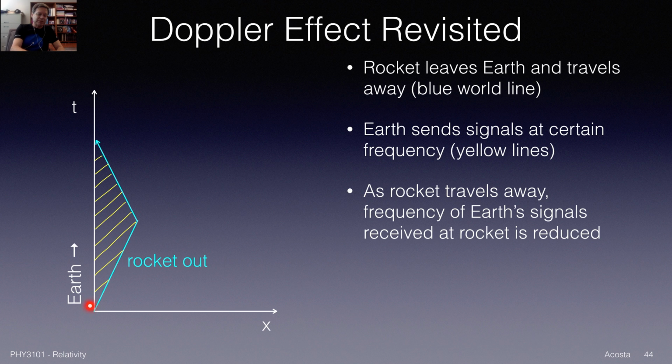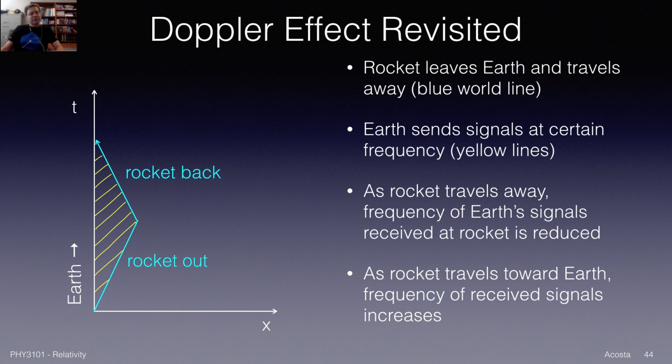Put another way, we can look at the spacing of the signals as they're sent in the Earth's frame, but as they're received in the rocket's frame, they're getting stretched out. So there are fewer, say, on the outbound leg that the rocket receives. Even those which in principle were sent when the rocket was still going out haven't even reached the rocket before it reaches its turnaround point.